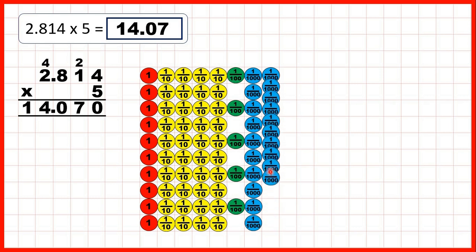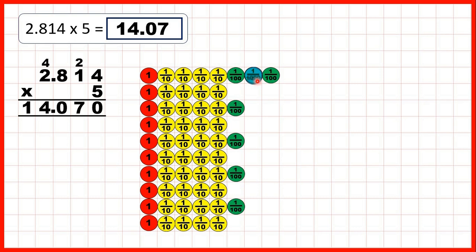But remember, 10 thousandths is the same as 1 hundredth, so when we exchange, we get 2 hundredths, and that's why we wrote the 2 above our hundredths column, and you can see that we now don't have any thousandths, so that's why there's a 0 in the thousandths digit.